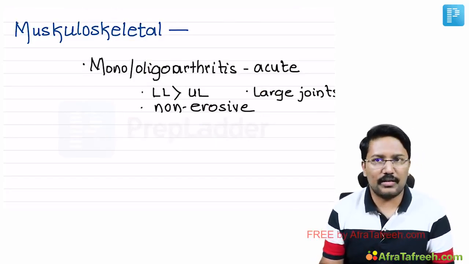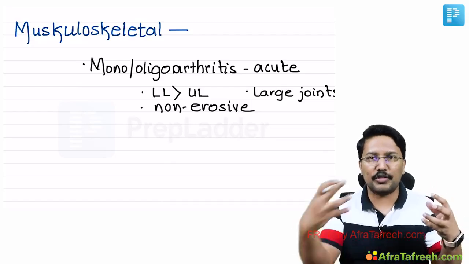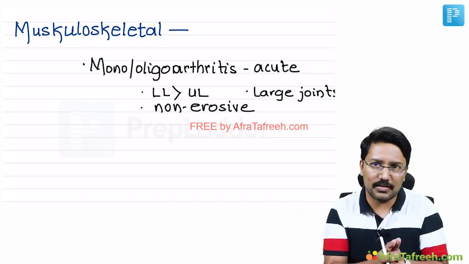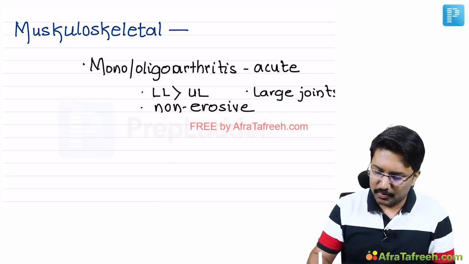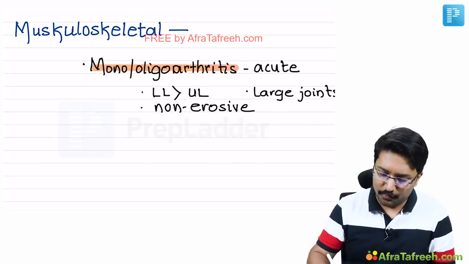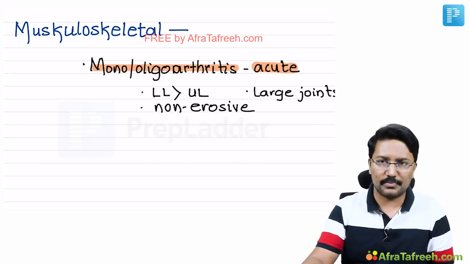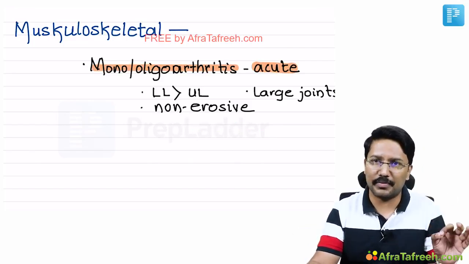Now coming to musculoskeletal manifestation. There is a phenotype where mucocutaneous and musculoskeletal manifestations occur in cluster. These patients develop mono or oligoarthritis, which is very often acute rather than chronic. I was talking about Sweet syndrome, that was also one of the acute manifestations.